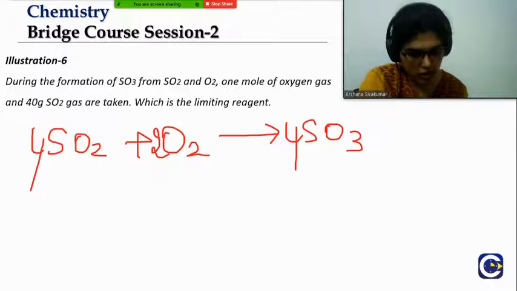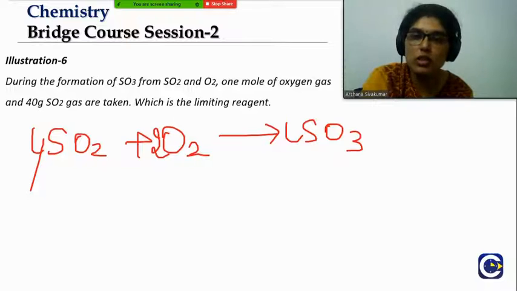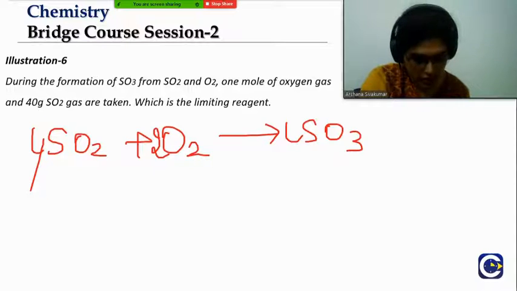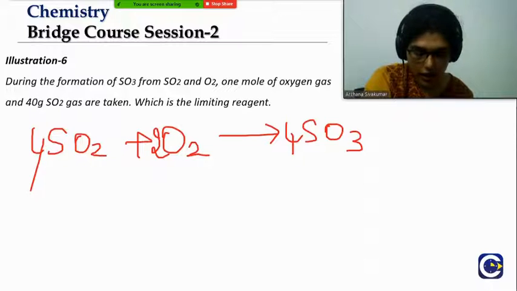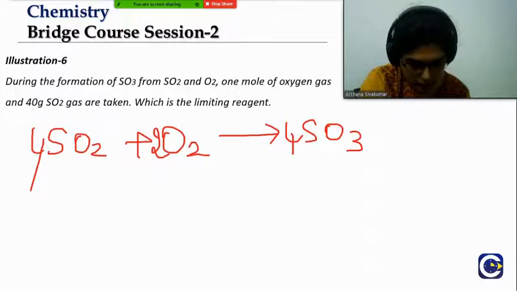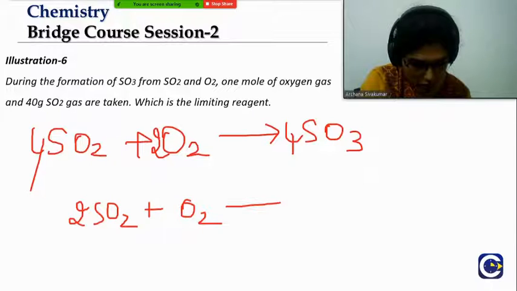So 4 sulfur, 8 oxygens plus 4, 12, and 12 on the other side. So the equation here is 4SO2 plus 2O2 giving rise to 4SO3. Or I can write it also as 2SO2 plus O2 giving rise to 2SO3, and it will still be balanced.